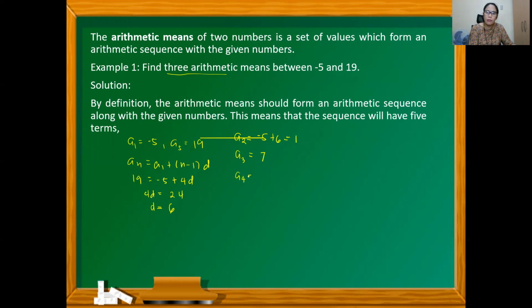While for a sub 4, we'll just add 6 to 7. So we have 13. So as we add 6 to 13, we'll get 19. So this is the fifth term. And then the first term is -5. So the 3 arithmetic means are 1, 7, and 13. Okay.